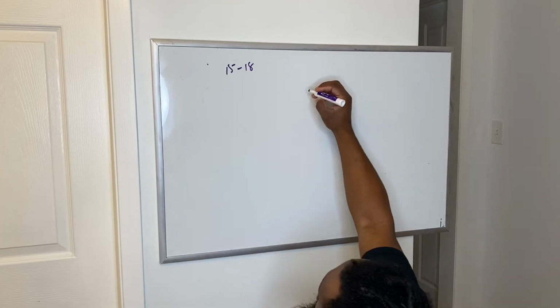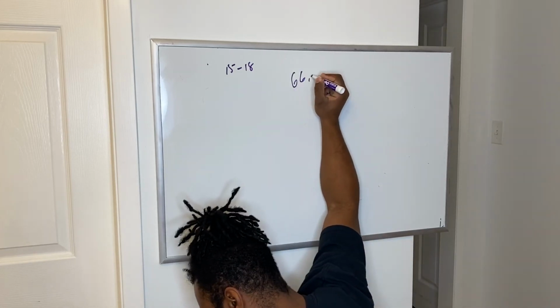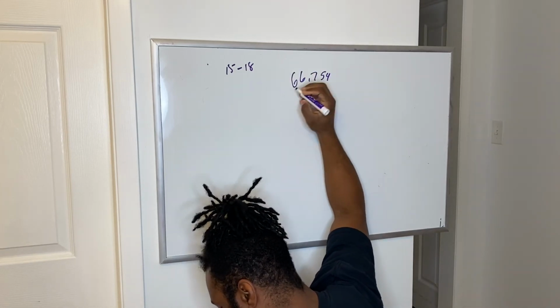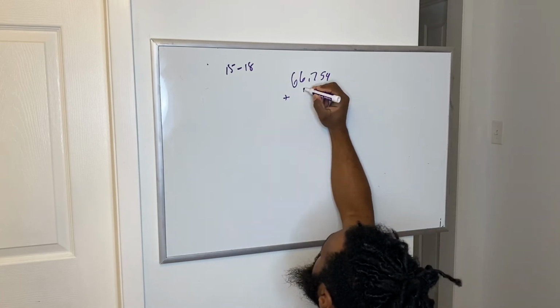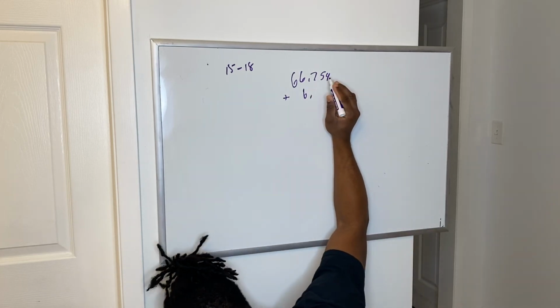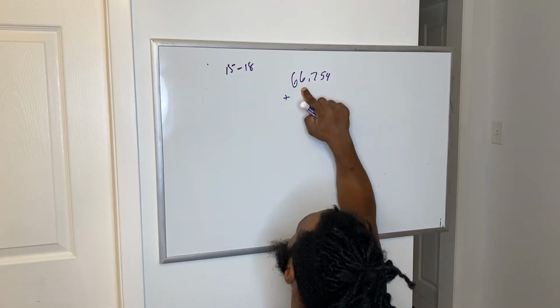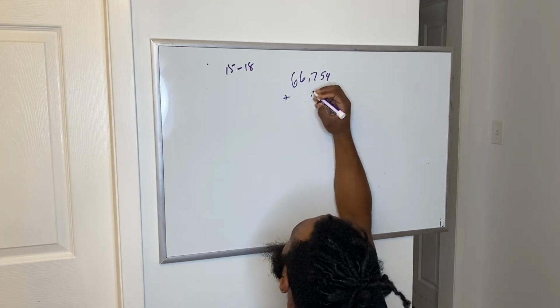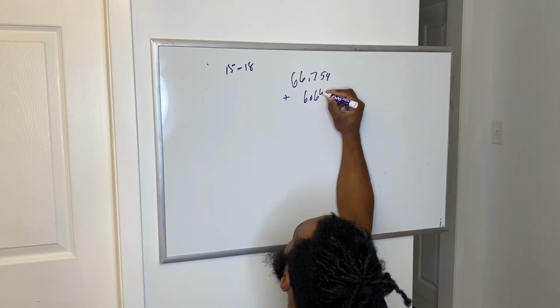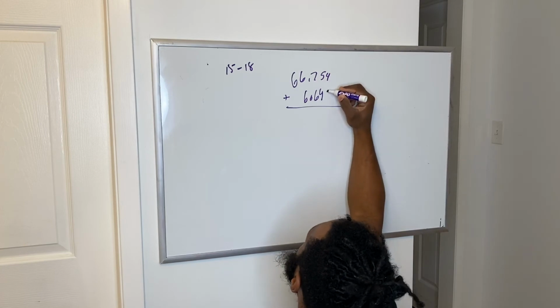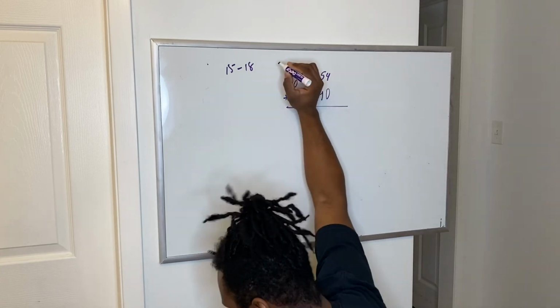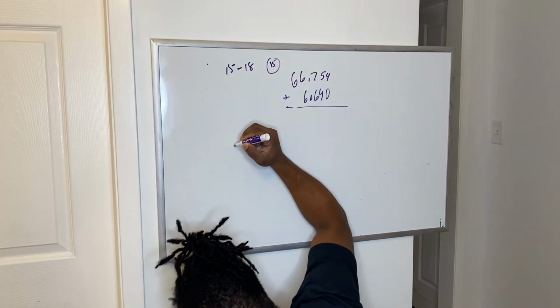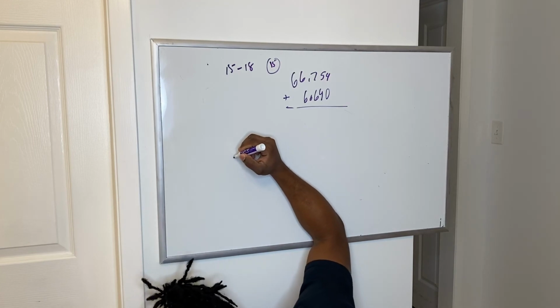So 66.754 plus now 6.69. And 0 goes here for a placeholder. So this is 15. And then now I'm gonna do subtraction.